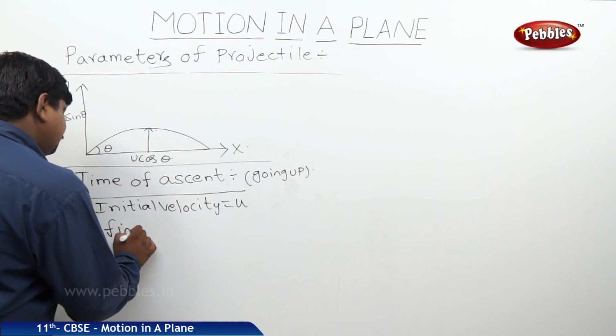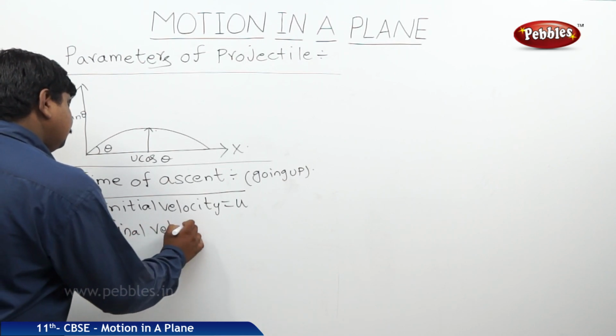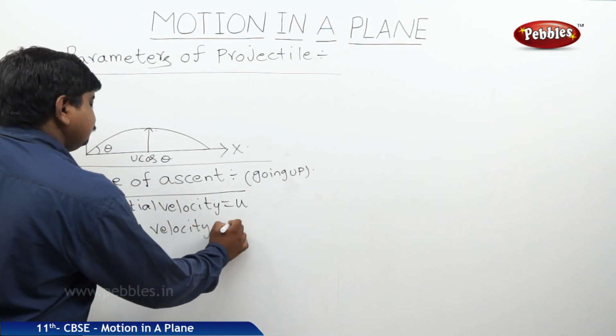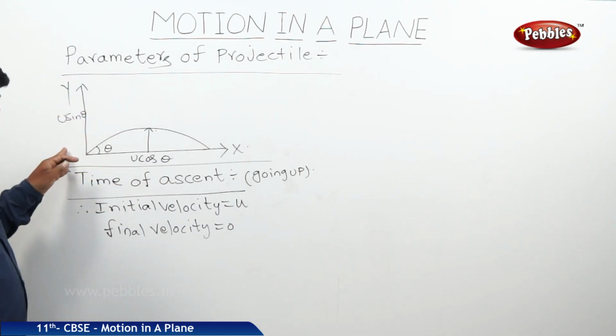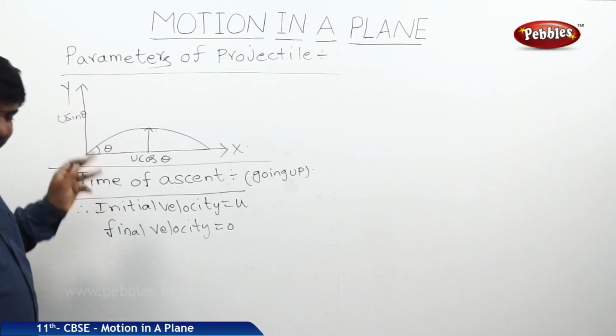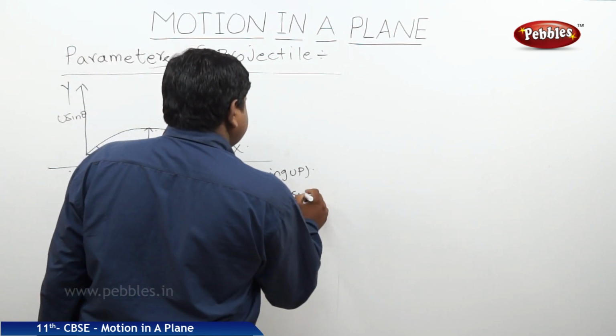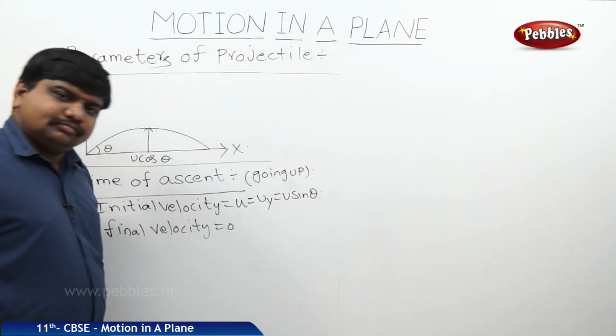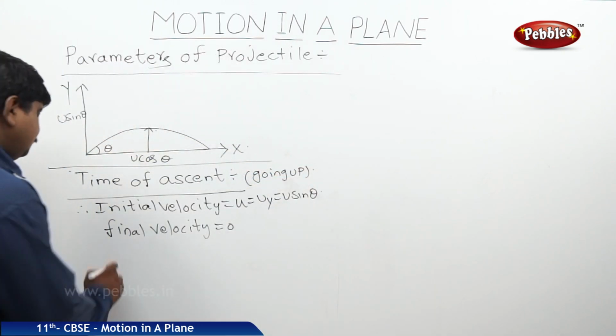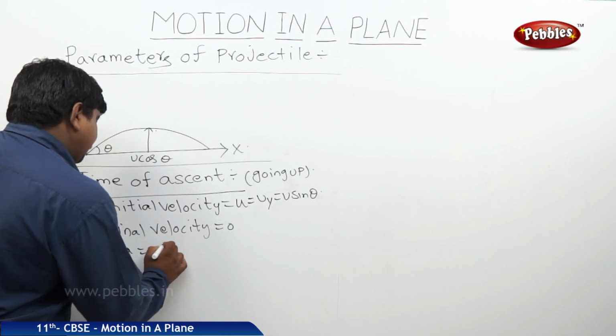Final velocity is 0. But the initial velocity means it is going up, means vertical direction. So this u will become uy, nothing but u sine theta. So a will become minus g.